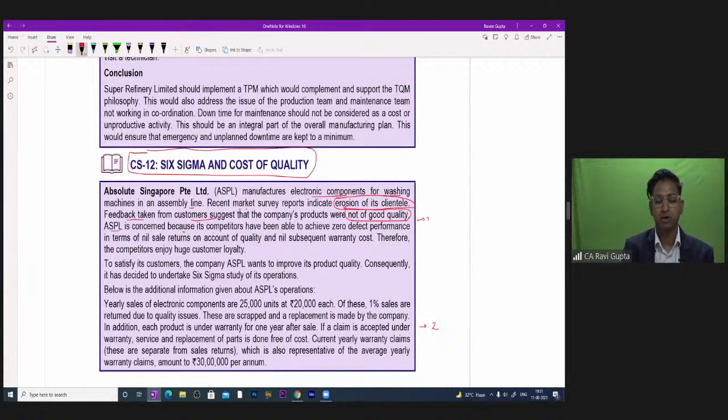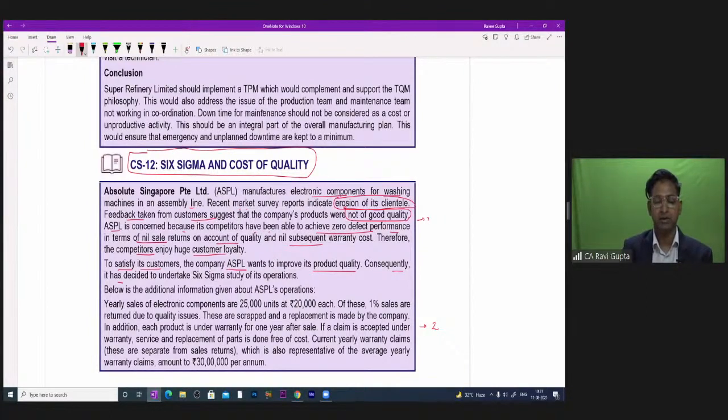ASPL is concerned because its competitors have been able to achieve zero defect performance in terms of nil sales return on account of quality and a nil subsequent warranty cost. Therefore, the competitors enjoy huge customer loyalty. To satisfy its customers, the company ASPL wants to improve its product quality.